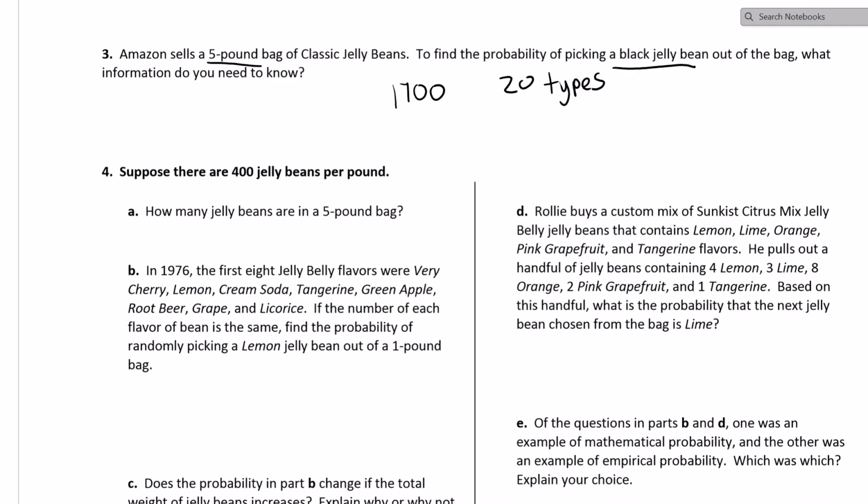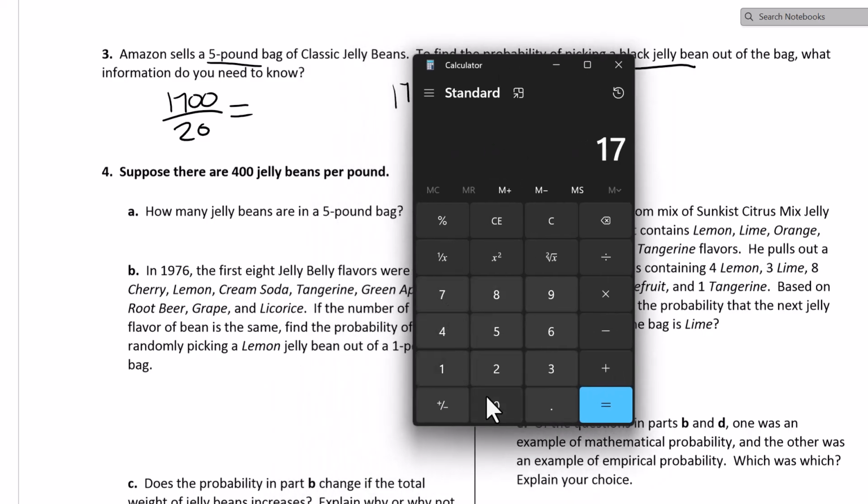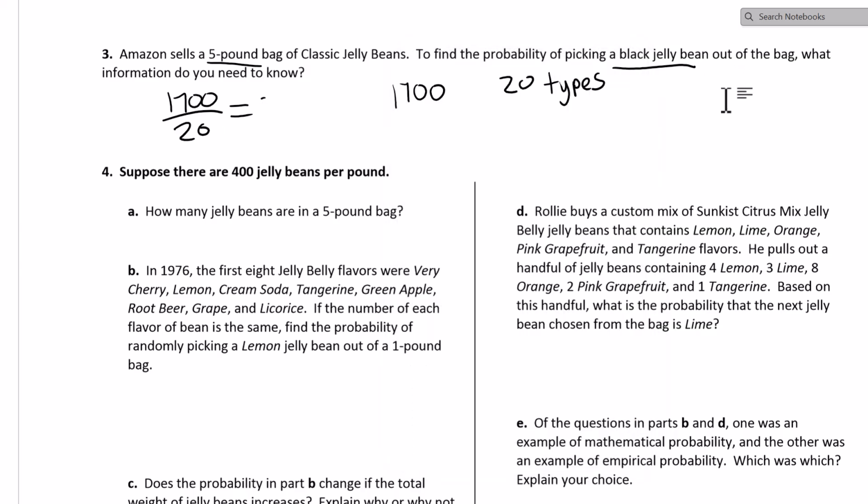Then the probability of picking a black jelly bean would be what happens if we take our 1,700, split it into 20 pieces. I don't know what that number is. That would mean there's roughly 85 of each jelly bean.